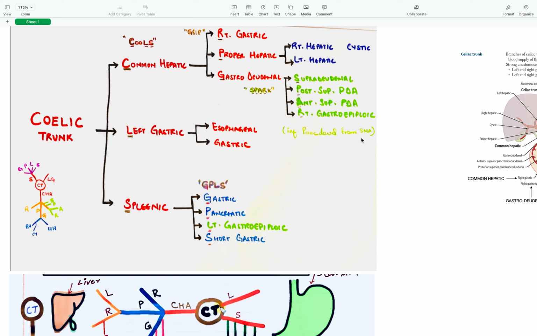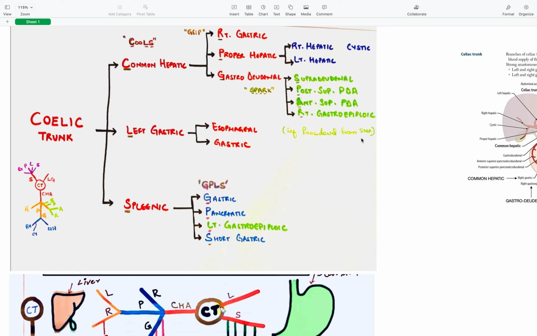Okay, moving on to the splenic artery. The splenic artery is made of GPLS branches. So GPLS stands for gastric, pancreatic, left gastroepiploic, and short gastric. So this is the city man. And let's see how it is oriented in the stomach.